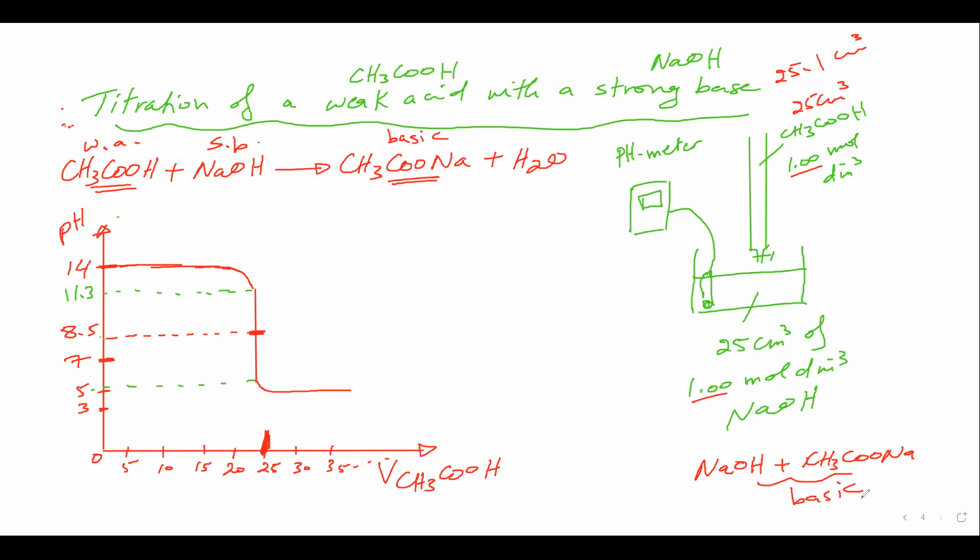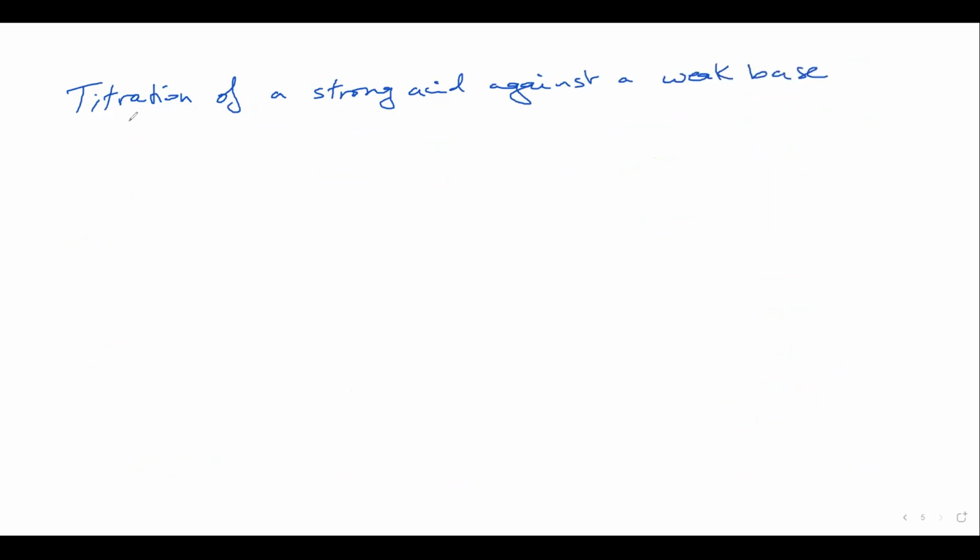Now, the third titration that we are going to go through is the titration of a strong acid against a weak base. We are going to take the strong acid as HCl, for example, and the weak base like aqueous ammonia.